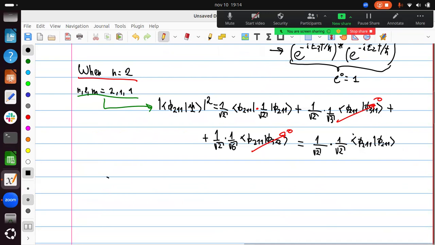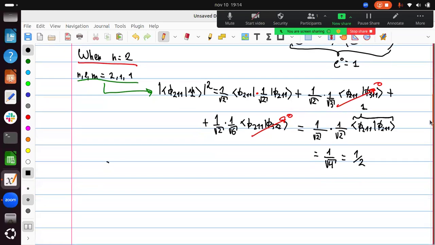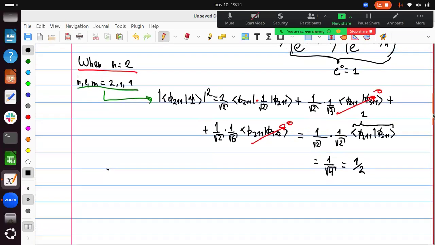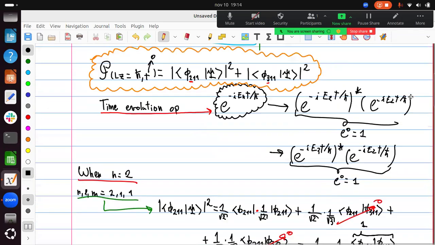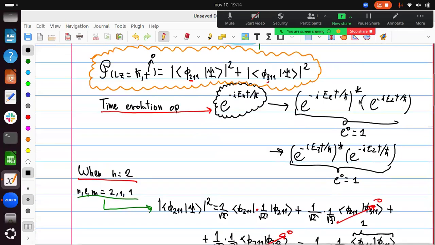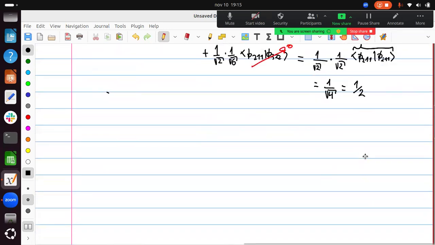So I'm going to write it over here, 1. And this is just the square root of 4, that is 1/2. Right? So again, I'm not writing the time evolution operators because you may notice that at equal times and at equal energy levels, the exponential term is just 1.